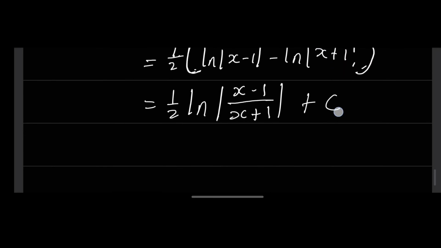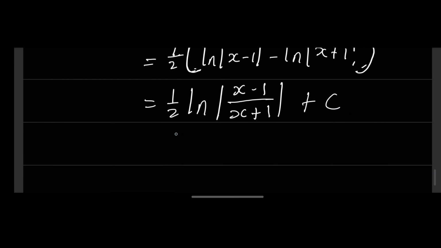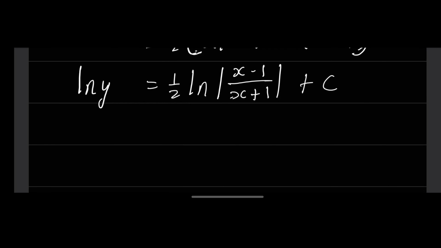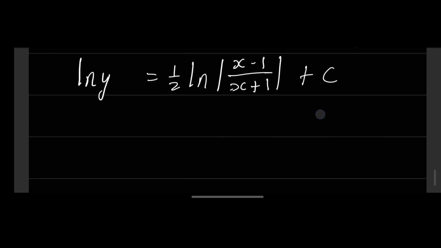Now that we are done with this side, we can bring our other side, which was natural log of y, to add to it. We can then make y the subject to complete the solution. To make y the subject, we will have y equal to e raised to the power of all of this.